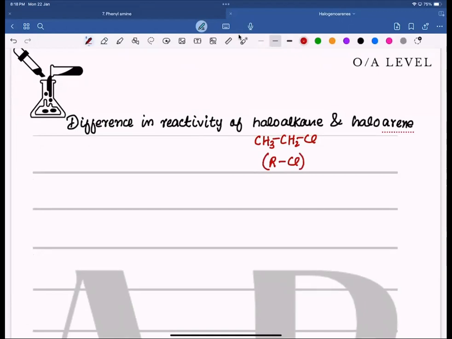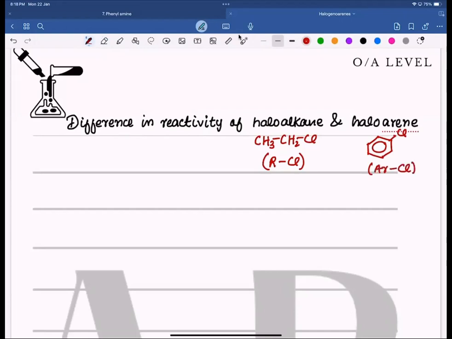And in halogenoarene, or haloarene, it's a benzene ring bonded with Cl. So in general, we write it ArCl.